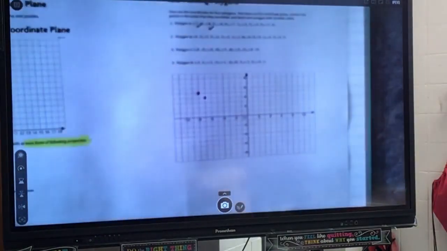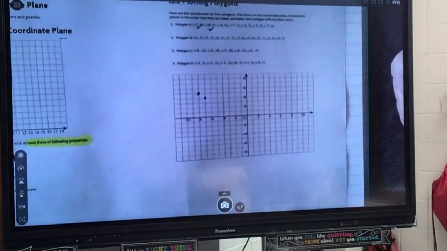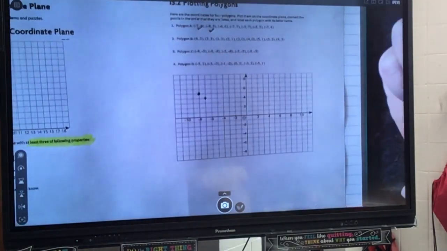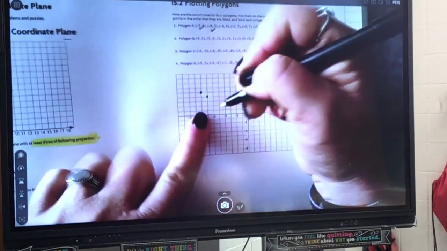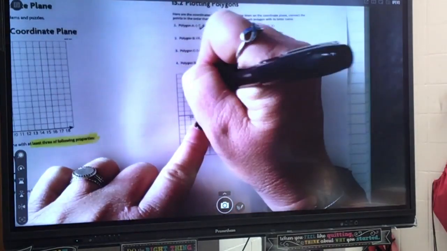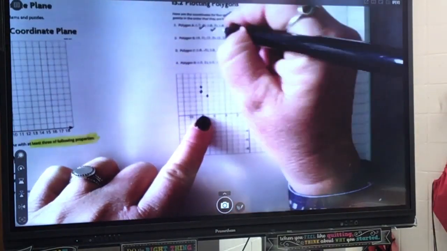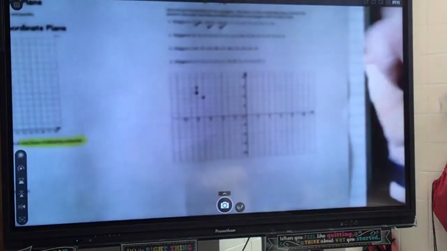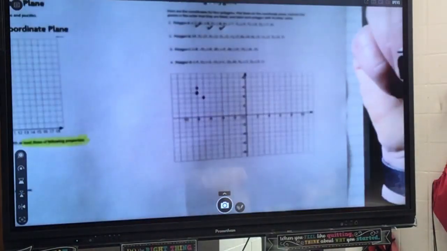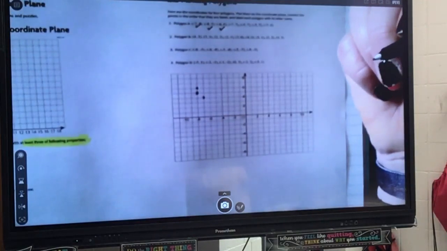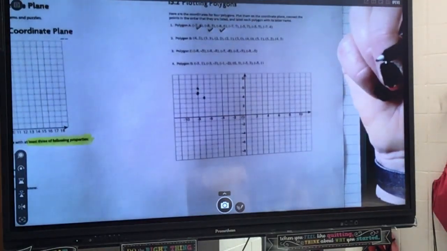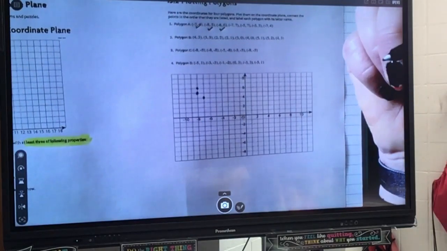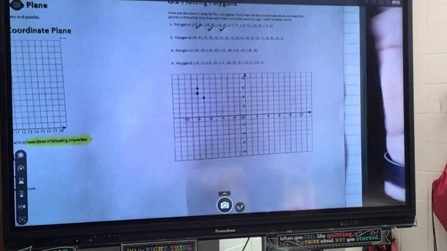Alright, the next one is negative 8, 6. Negative 8, 6. Kylie. You go to the left to negative 8 and then go up to 6. Okay. Alright, the next one is negative 7, 7. Negative 7, 7. Come on, guys. Just tell me how to go. That's all I'm asking.